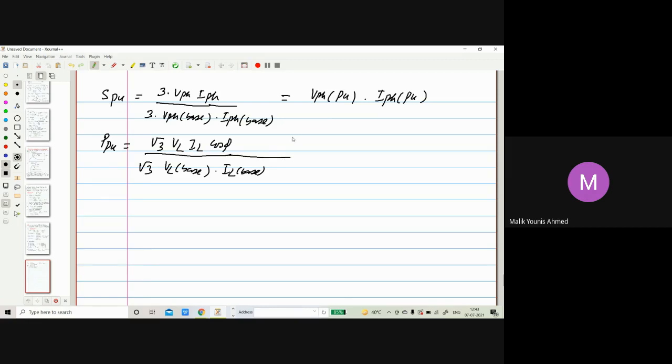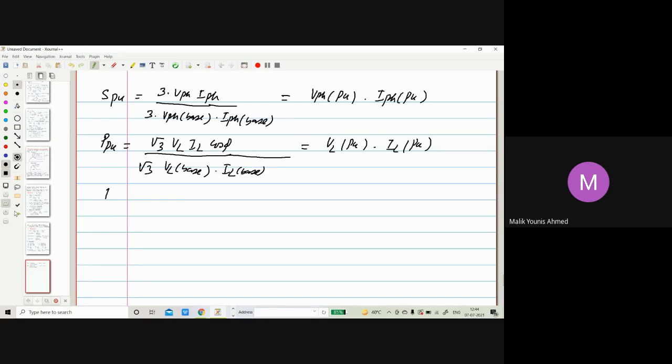I am not using cos phi intentionally because cos phi and cos phi get cancelled. So √3 gets cancelled. VL by VL base is VL per unit. IL by IL base will be IL per unit. Again, √3 in terms of line will vanish in case of per unit system.